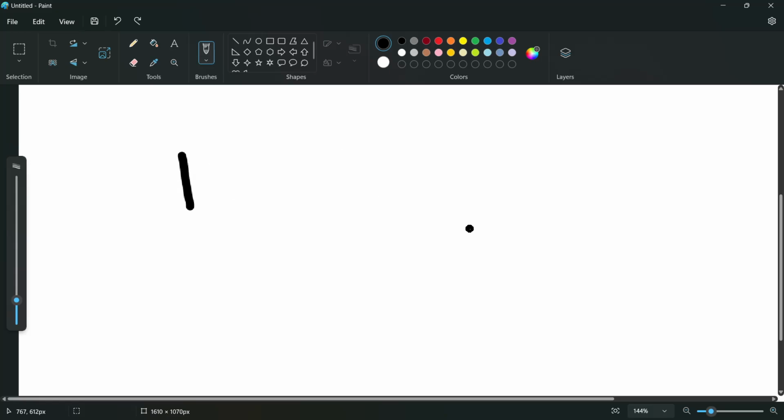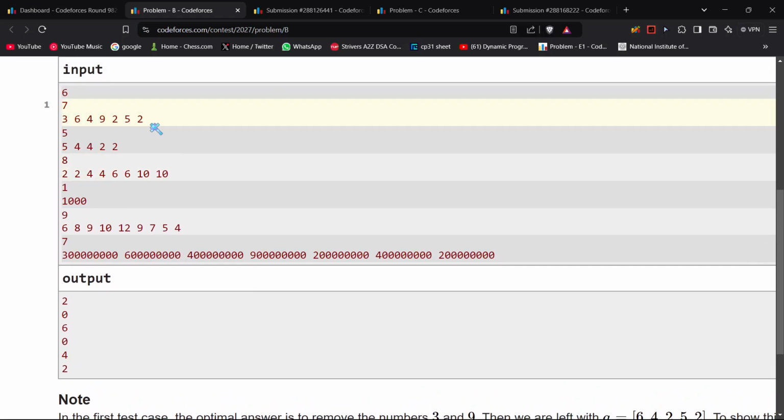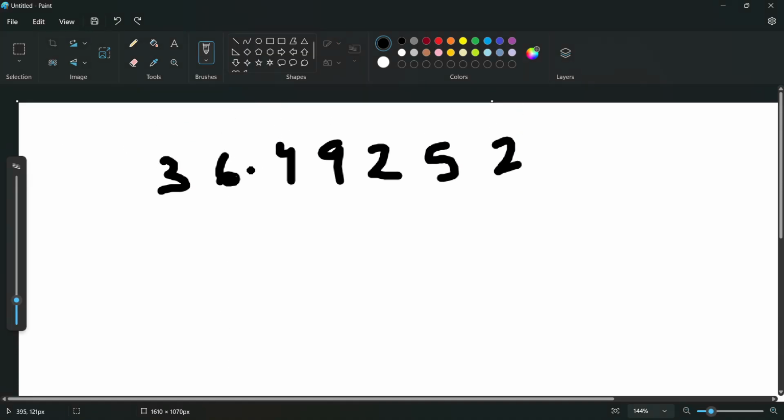Similarly, let's look at the example given here, 3 6 4 9 2 5 2. You can always notice that a solution exists because every array has a starting index, right? Every array starts somewhere.